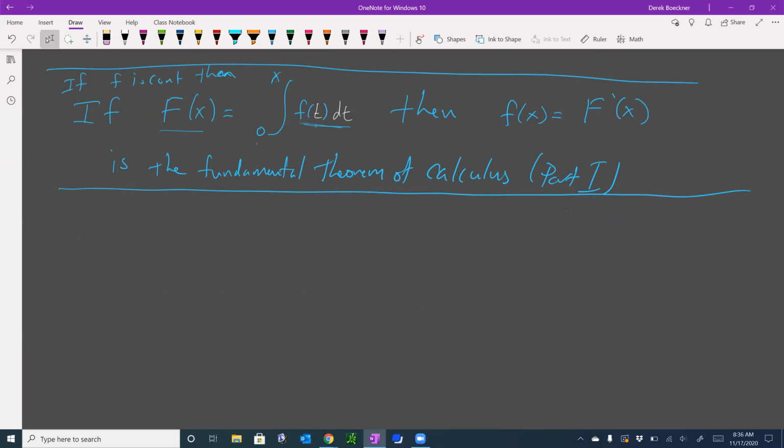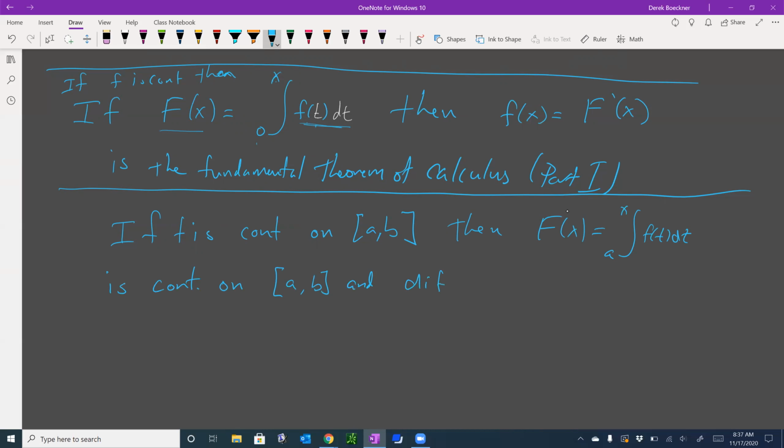Okay. Let me write it out explicitly with all the bells and whistles. So if f is continuous on [a, b], then F of x equal to the integral from a to x of f of t dt is continuous on [a, b] and differentiable on [a, b] with F prime at x equal to little f at x.